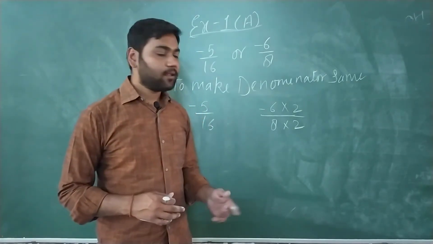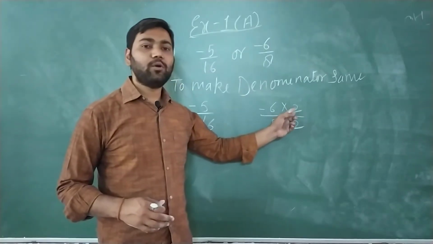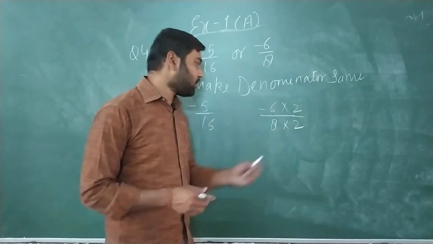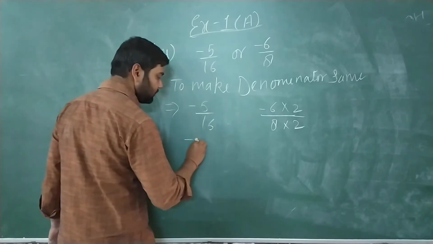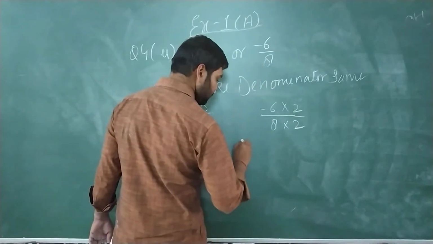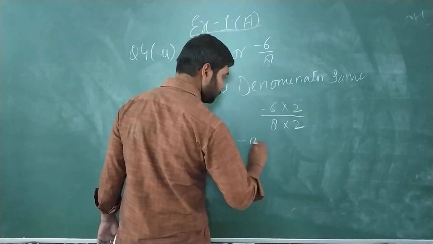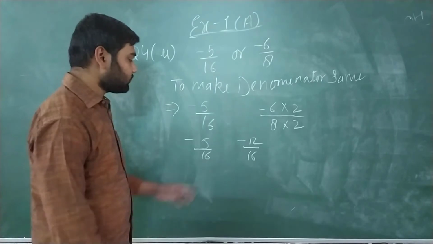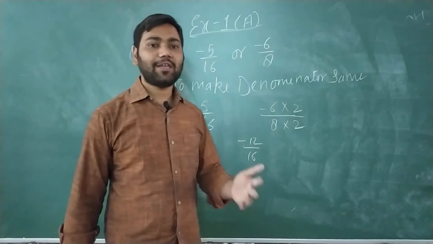I have told you that we multiply the numerator and denominator both by the same number. Now it converts into like fractions: minus 5 by 16 and minus 6 times 2, minus 12 upon 16.